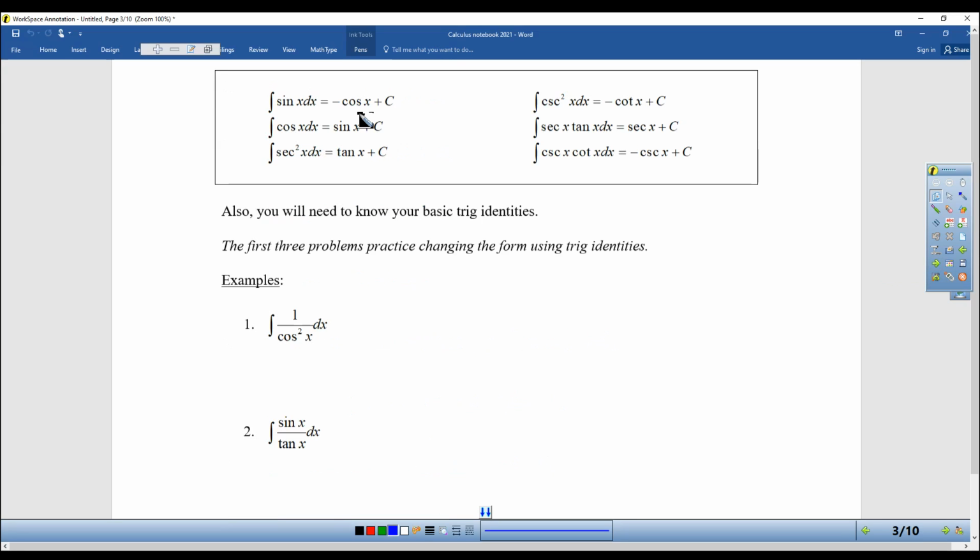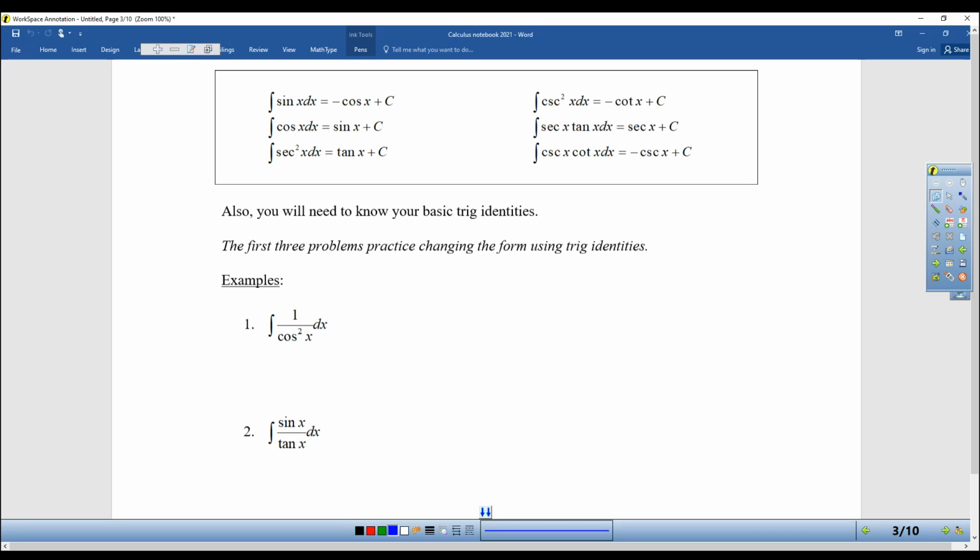If you try and memorize these, I mean, you have younger brains than me, but it just seems to me that you could get them backwards or get the negatives wrong. So I only have them memorized going from the function down to its derivative. And when I want to do an integral, I just think about derivatives backwards. I do not memorize this list, but you can do what you want.